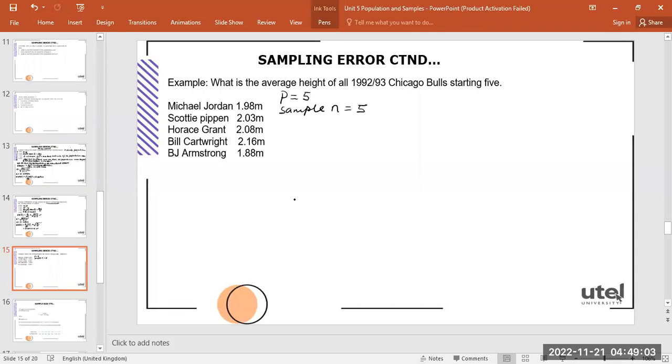Now, the sampling error is gotten from the sampling error of the mean.